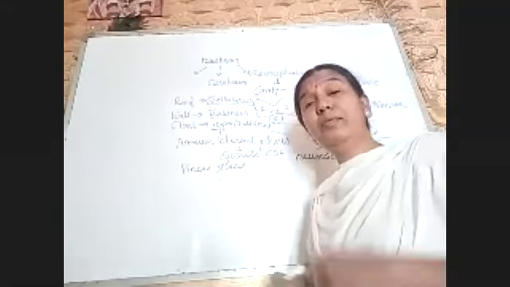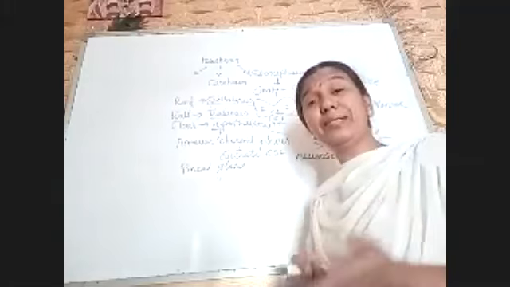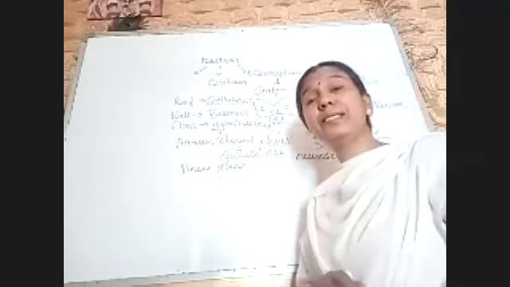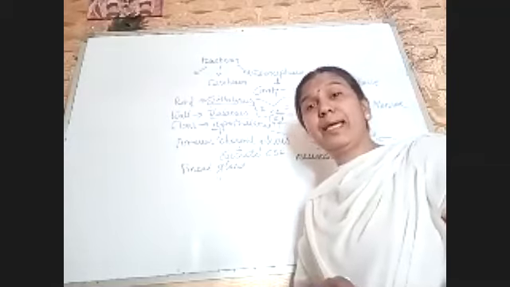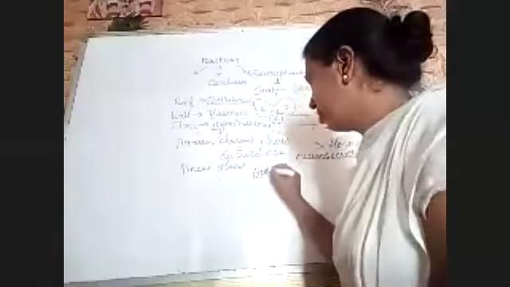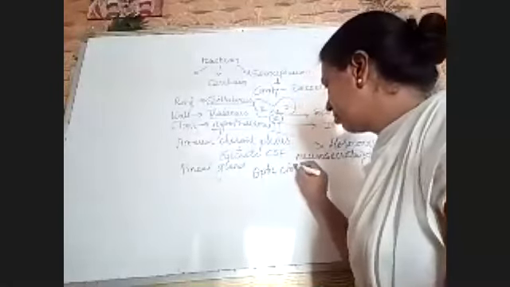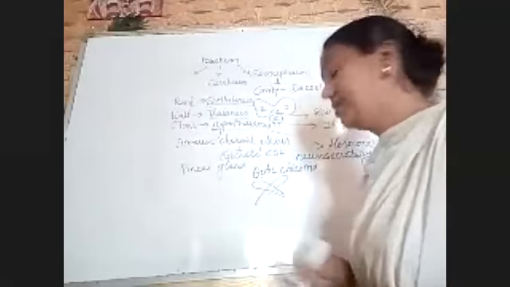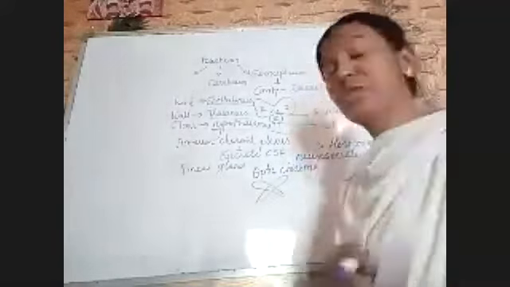We will not be able to see it from the ventral side because the pituitary gland is present in front of this hypothalamus, and optic chiasma is present in front of it. What is optic chiasma? The optic nerves just cross like this and form the optic chiasma.